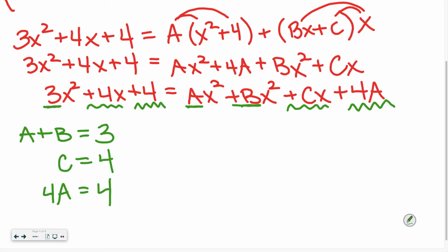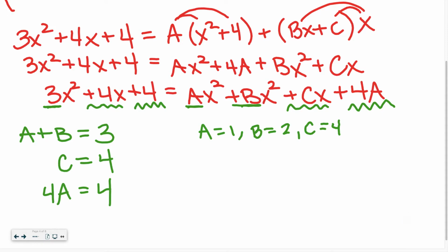Okay? So we have a system of equations, but this one really isn't too bad. I think we can solve this without a lot of work, right? What is a? A is 1. And if a plus b is 3, what does that make b? 2. And then we know that c equals 4.